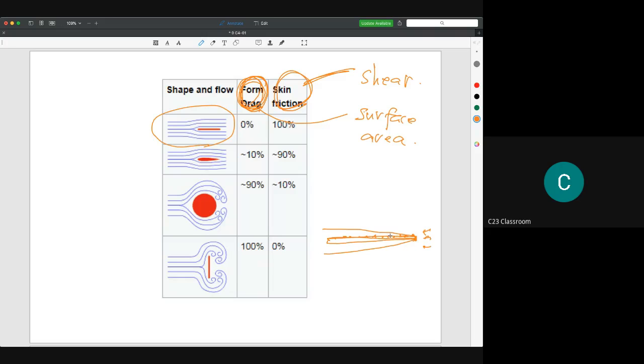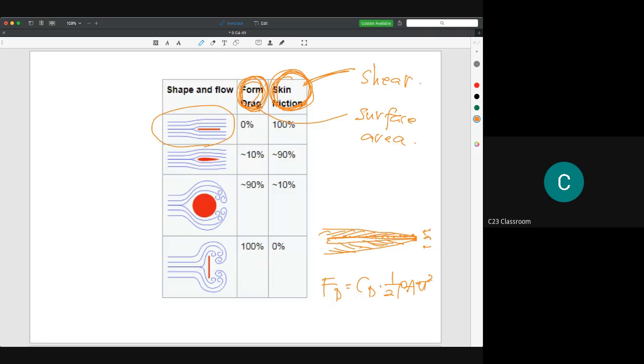We call this resistance a drag force because the overall calculation can be done using FD equals CD times 1 over 2 rho A U square. To be specific, it is the skin friction, because this friction comes from the shear stress.